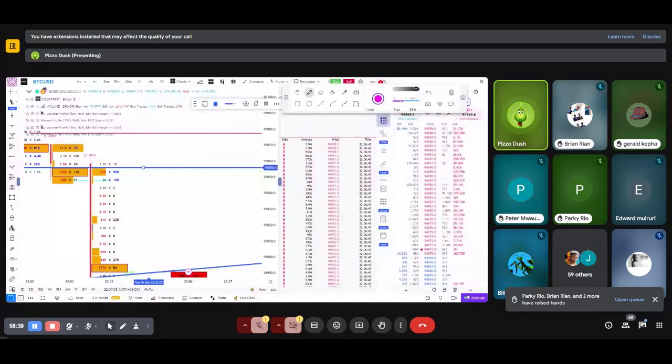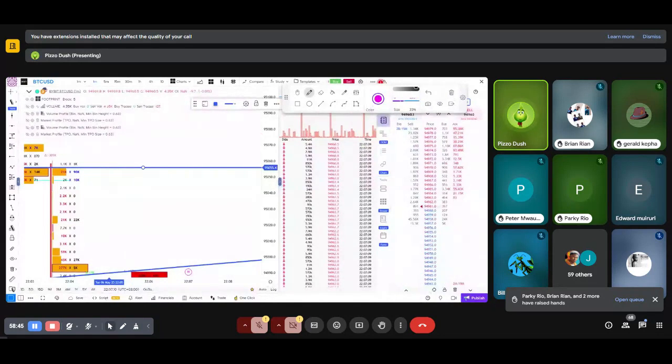How do I put delta in my chart? So I'll send the settings in a few minutes. Let me share the settings. Let me take a picture of them and send them so you know how to put delta on charts.